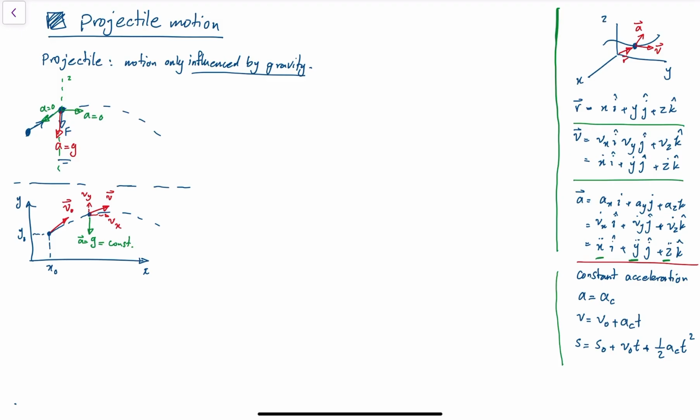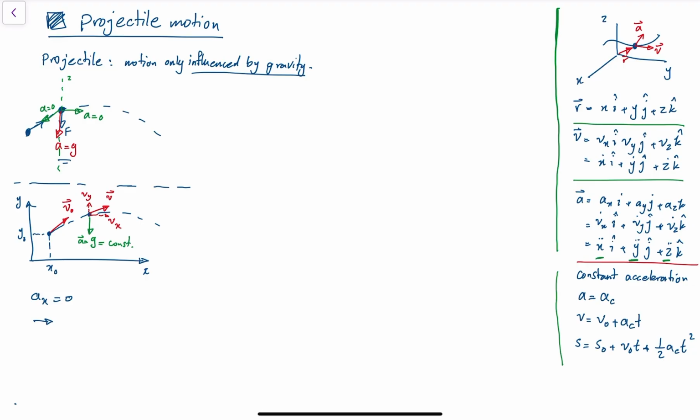So I want to write the equations along the two axes. Let's start with the horizontal axis because that is easier. Acceleration along the x-axis, I know at any time is 0 because acceleration is always vertical. So there is never a horizontal component to acceleration.